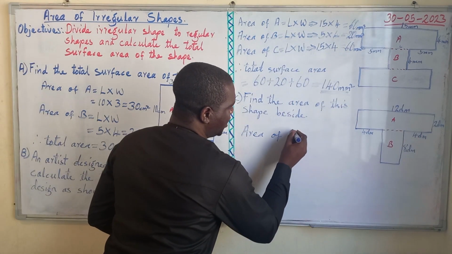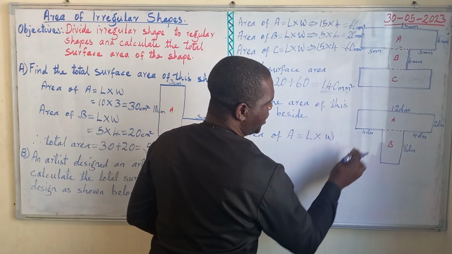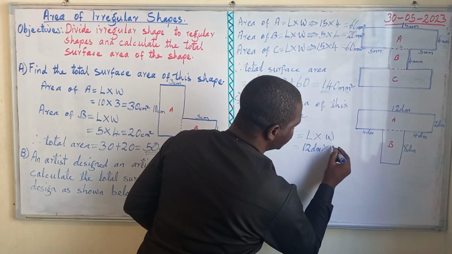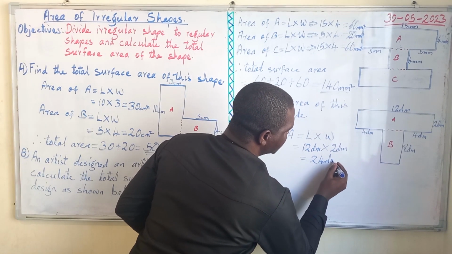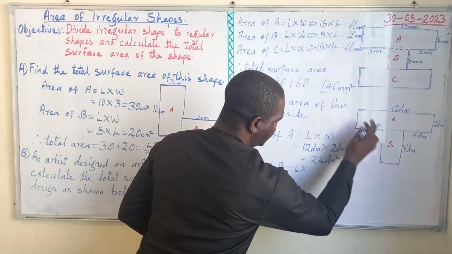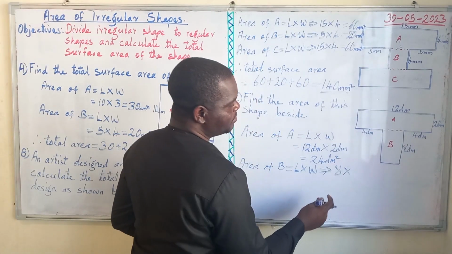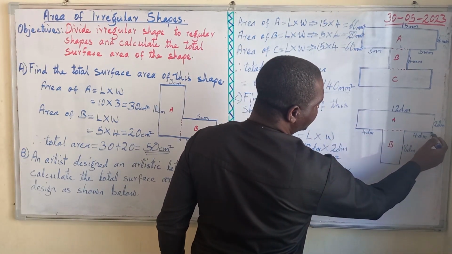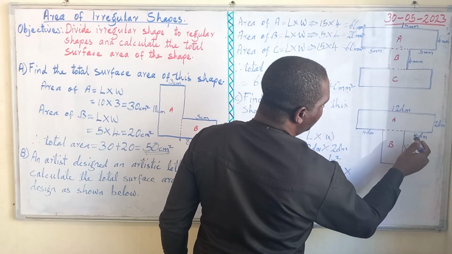Area of A, A here is a rectangle, as we can see, length times width, and the length is 12 decimeters times the width, which is 2 decimeters, and the answer here will be 24 decimeters square. Area of B is equal to a length times a width. The length in this case is 8 decimeters times the width here. We have to calculate the width. If from here to here is 12, and from here to here is 4, and this is 4, then we subtract 4 plus 4 from 12.